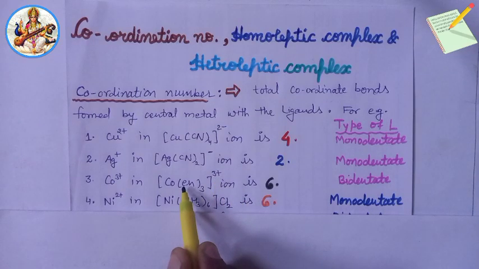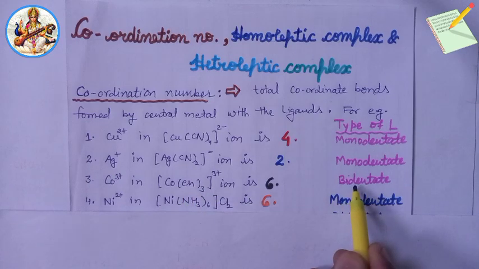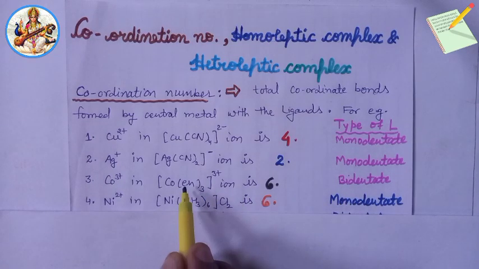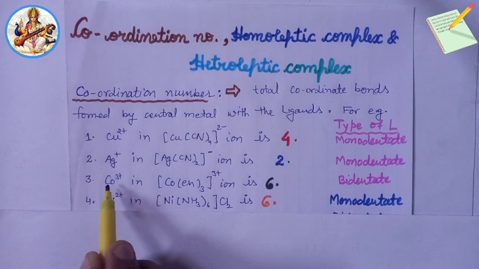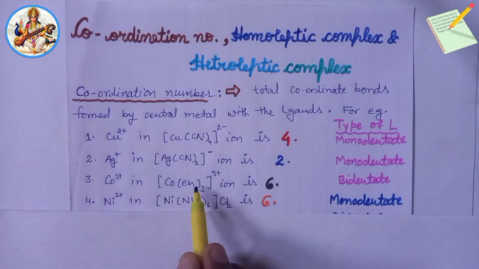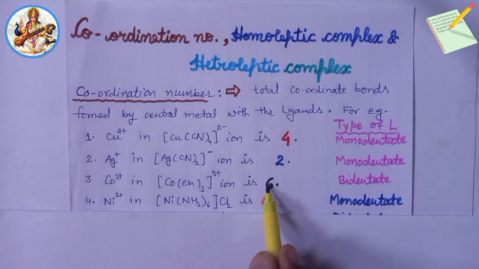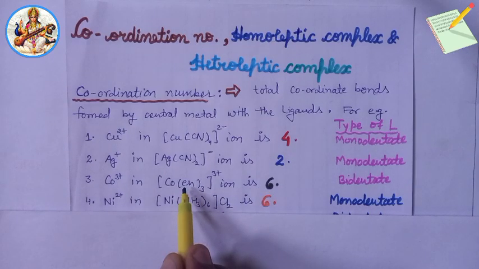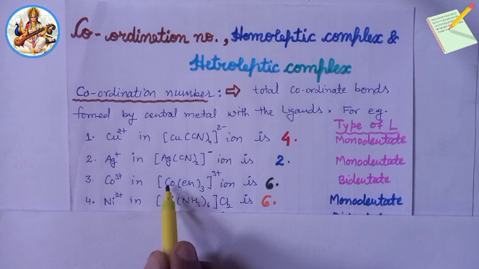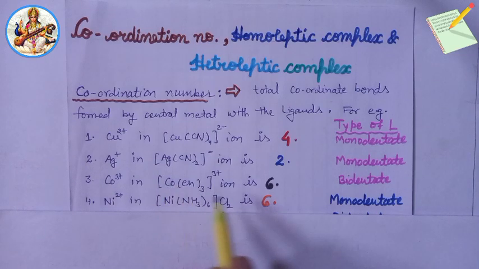We know that ethylenediamine is a bidentate ligand, so the coordination number of cobalt 3+ in this complex ion is 6. One en forms two dative bonds with the central metal, therefore the coordination number of the central atom is 6.